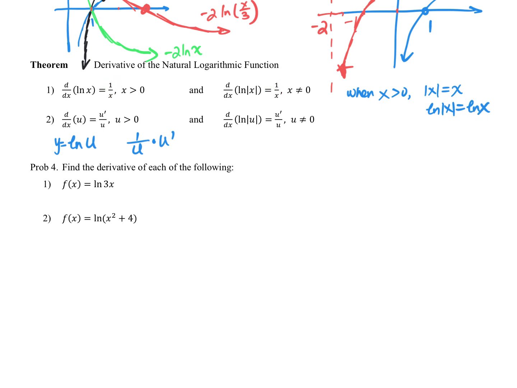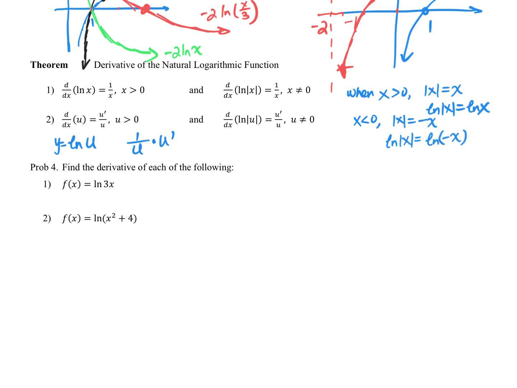Now when x is less than 0, the absolute value of x is equal to negative x. So ln absolute value of x becomes ln of negative x. When you find the derivative of ln absolute value of x, you find the derivative of ln of negative x.